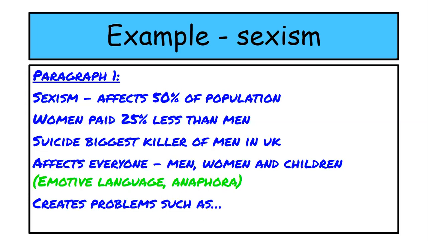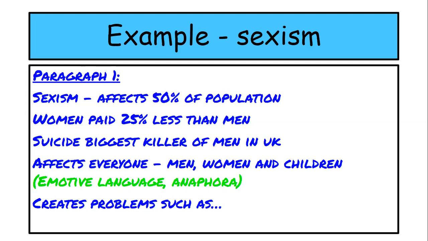Now, what I need to do is make sure that when I write that up, I'm being interesting and engaging for the audience. So in green, I've put a little reminder to myself that when I start writing that paragraph, I need to include emotive language and anaphora, which was one of the more complicated language techniques in Miss Robinson's lesson.